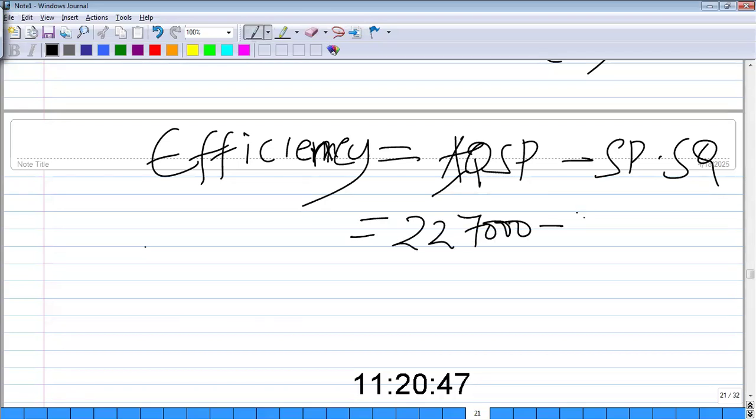So this will be 227,000 minus 5 times, let's put this in brackets, the standard consumption per unit times actual units.